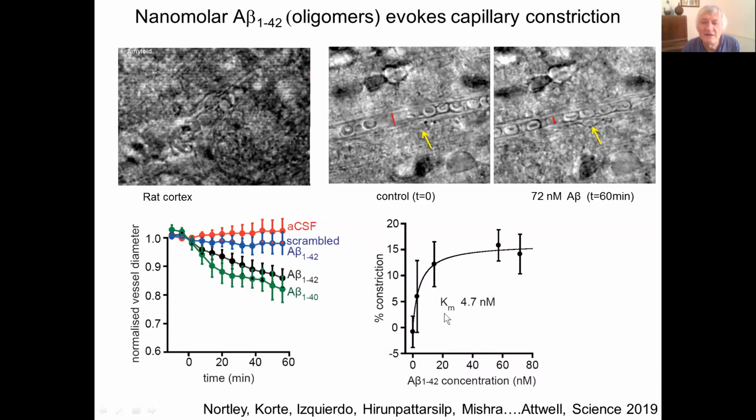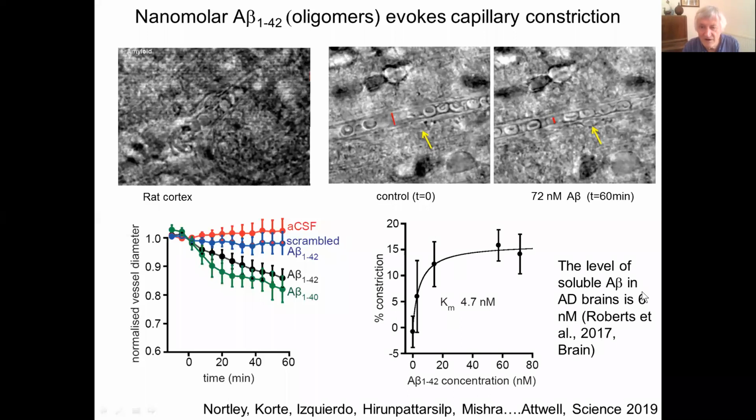And importantly, the amount of A-beta you need to do this has an EC50 of about 5 nanomolar, and Colin Masters' group has shown that in human AD, the concentration of soluble A-beta, that's the oligomers, in AD brains is about 6 nanomolar, so it's in the right ballpark.